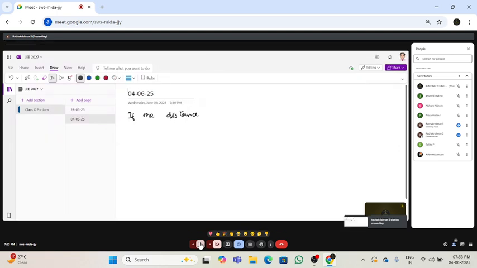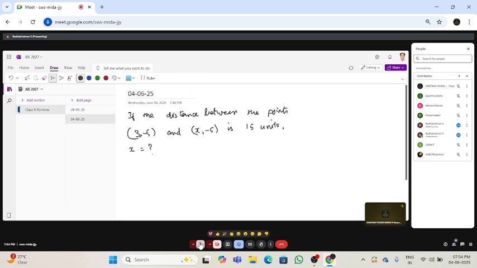The problem is that if the distance between (3, -5) and (x, -5) is 15 units, then what is the value of x? Okay. So how many of you can do this problem?